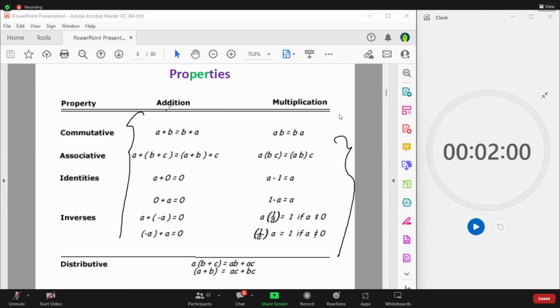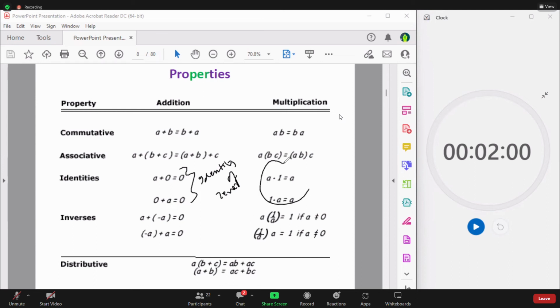If you add two expressions like this, the value would be the same. Multiplying a into b or b into a, it would be the same. Associative property: whether you add these two first or these two first, the answer remains the same. Whether you multiply these two first or these two first, the answer remains the same. Now, this is the additive identity of 0.